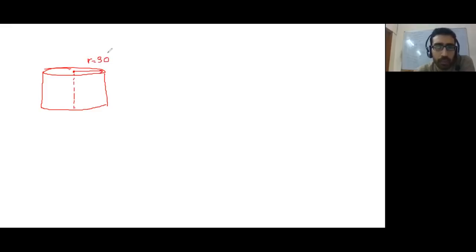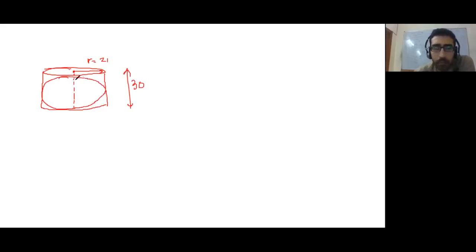I guess it was 21. The height was 30. Now, what most people try to do here is, clearly the height is more than the radius, so they seem to think that you can fit a sphere like this. But that's not going to happen.